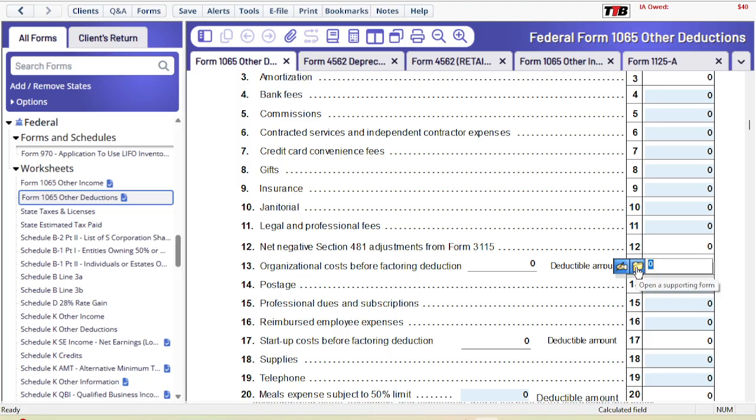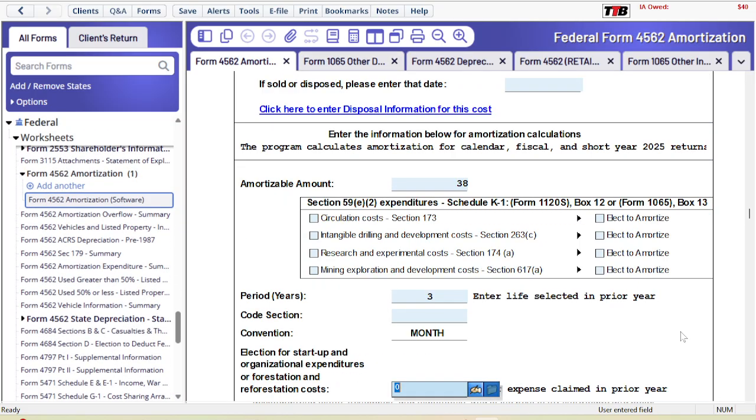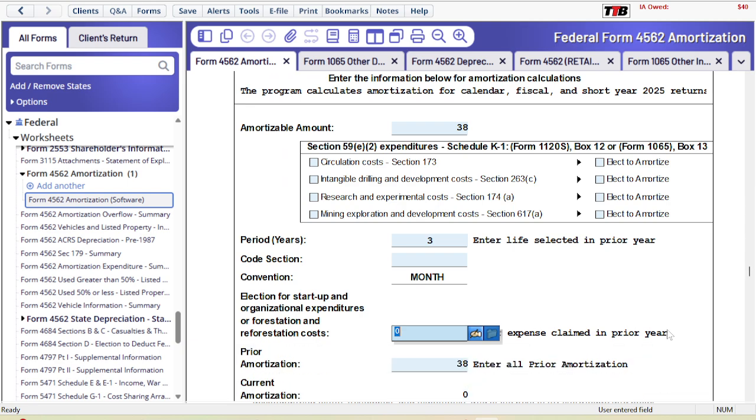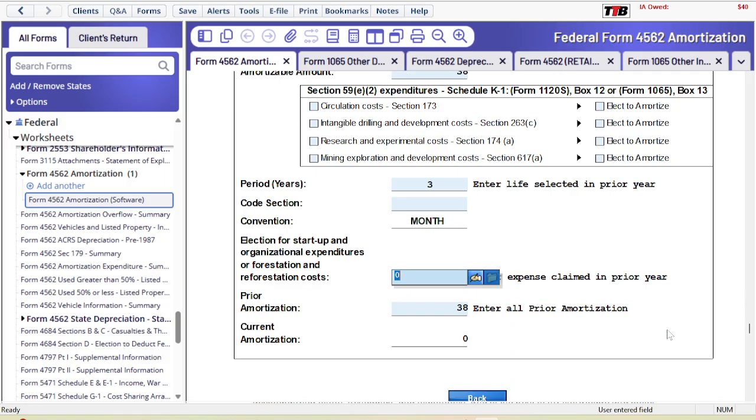Okay, even have some folders there for you to put information in it. I don't know if your business is new, it might be worth checking, because anything that is not deducted will be amortized.